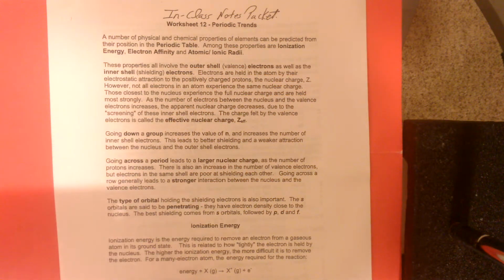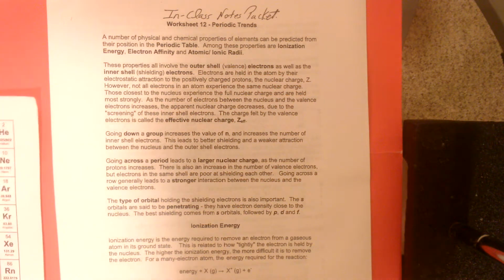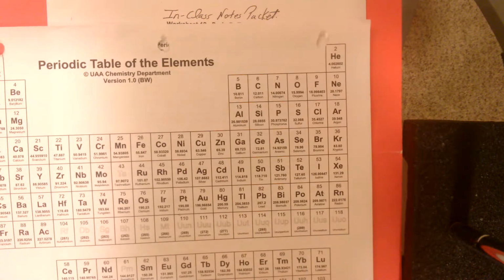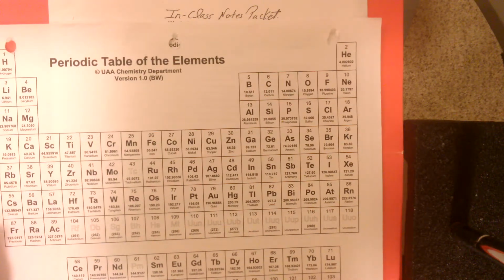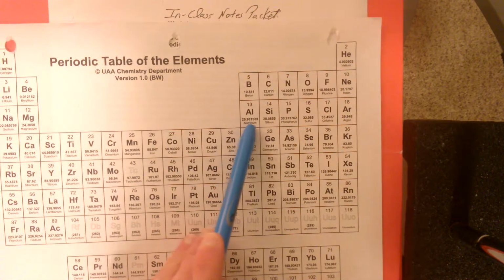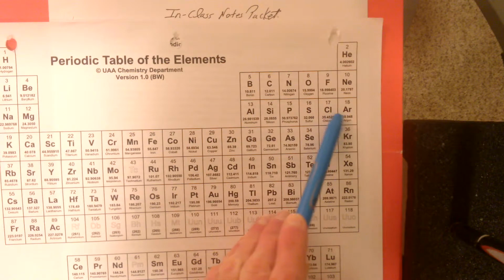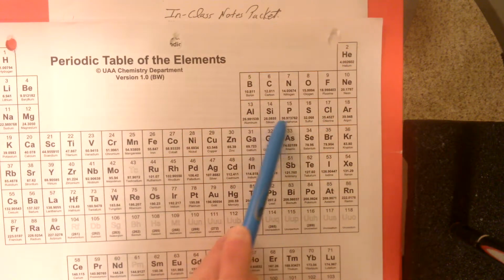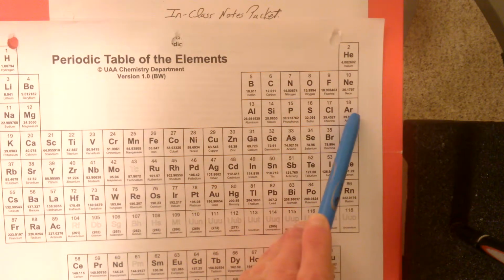So with atomic radii in periodic trends, what we're doing is making comparisons of the atomic radii of the elements simply based on their position in relationship to one another as we move across a row, and rows on the periodic table are often called periods. Okay, periods.